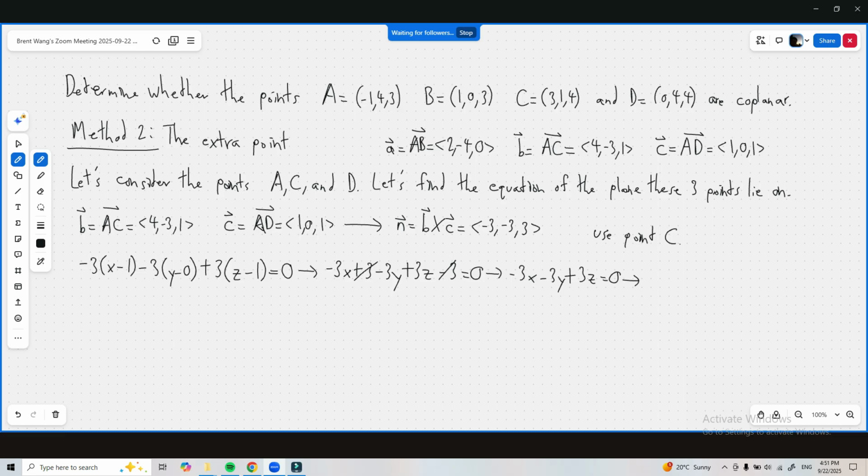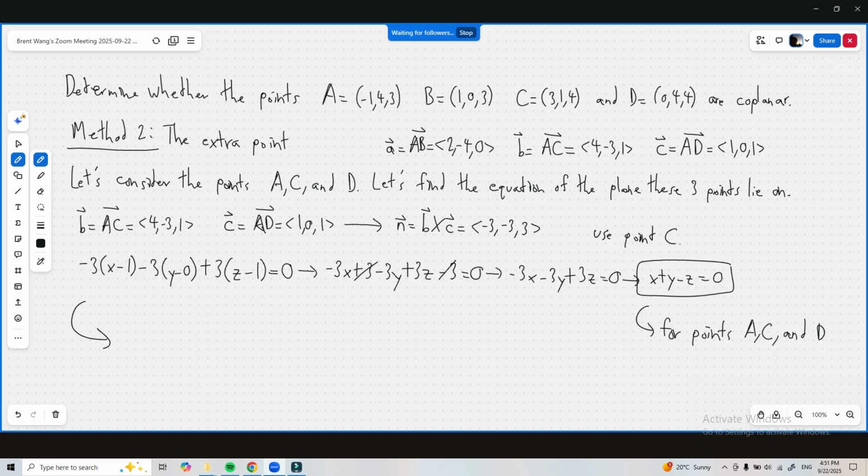And then we have x plus y minus z is equal to 0. This is the plane where points A, C, and D lie.